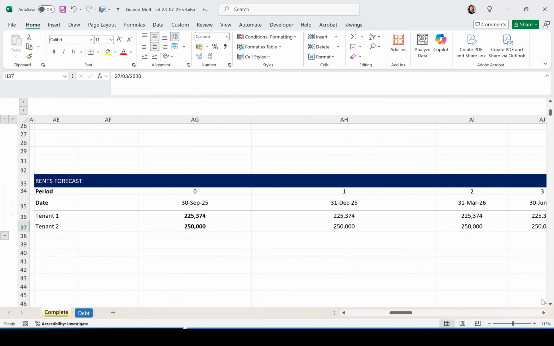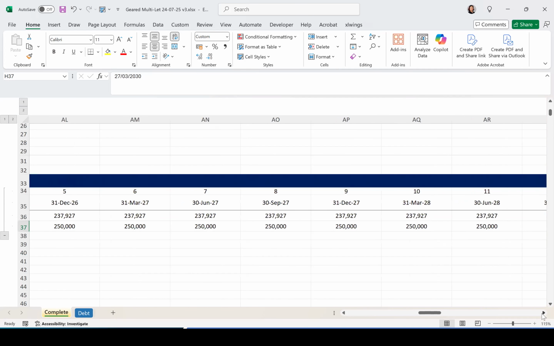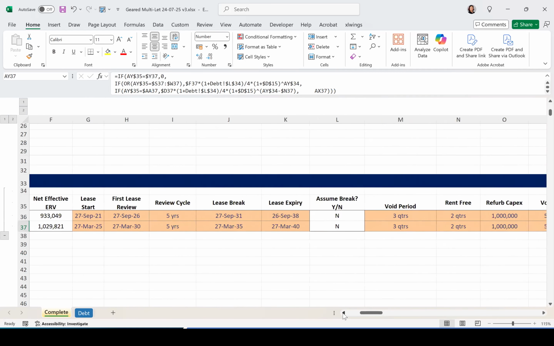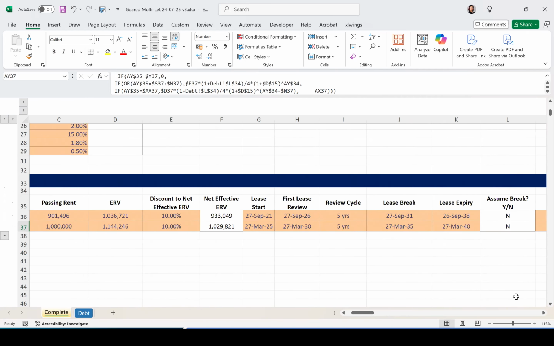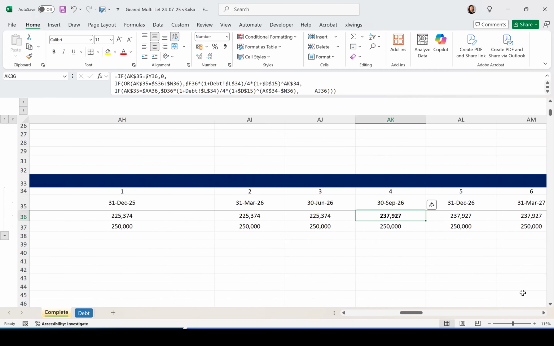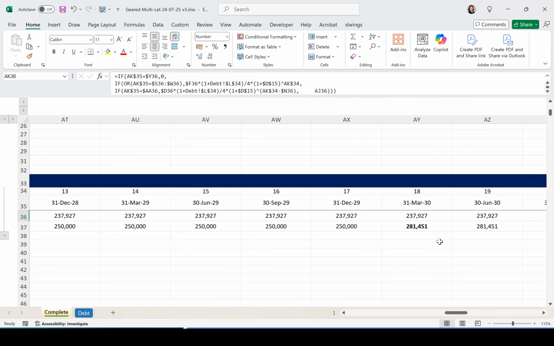In this case, the 10% will only have an impact when you have a rent review. So when do we have a rent review here? In 26 and 2030. So in 26, this might have an impact, on the 30th of September 26, and on the 31st of March 2030.